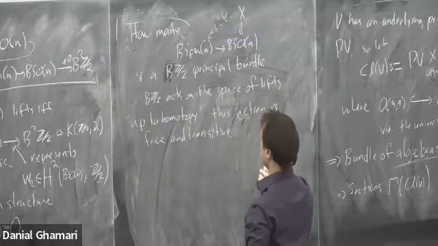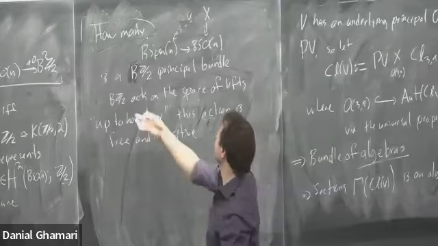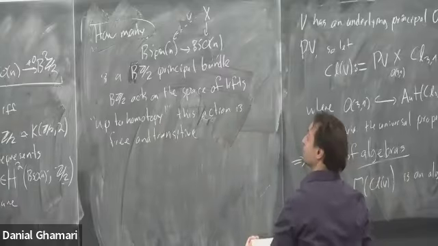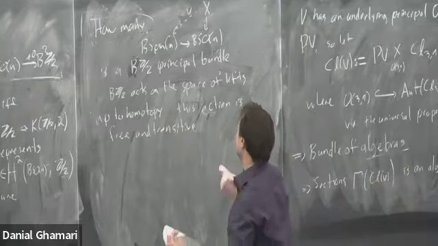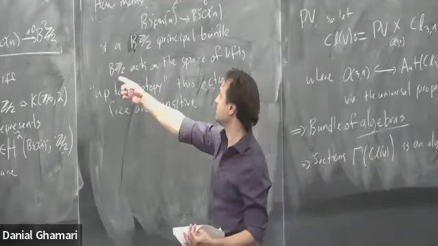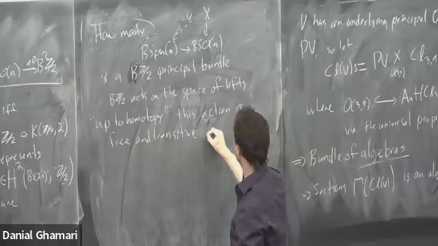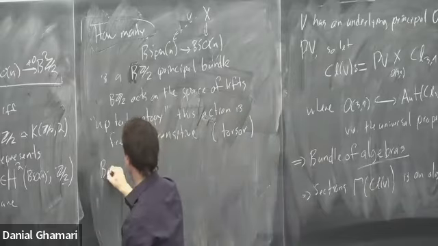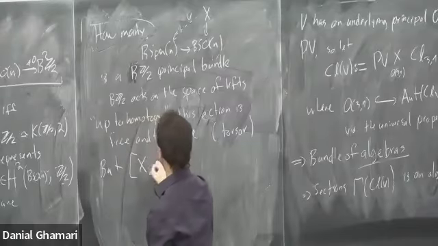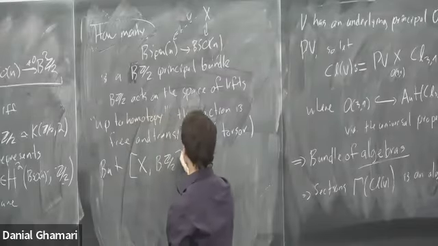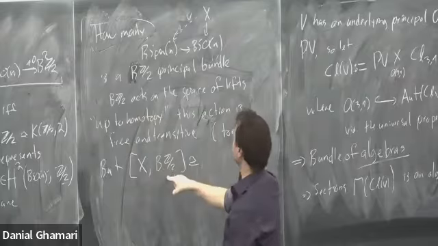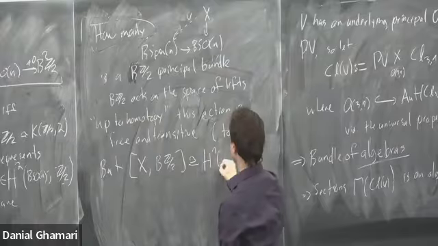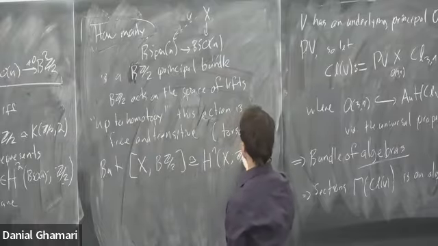Choose a spin structure, then maps into BZ2 give you a bijection with the set of all spin structures. Right, maps into BZ2 is K(Z2, 1), the first cohomology of X with Z2 coefficients.